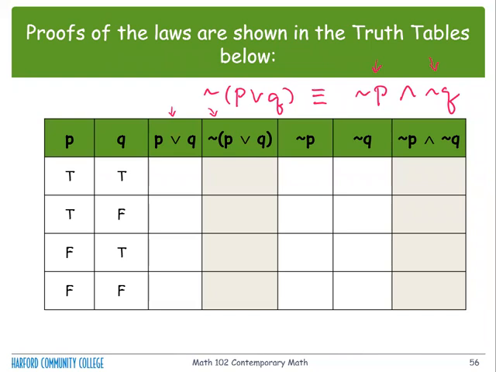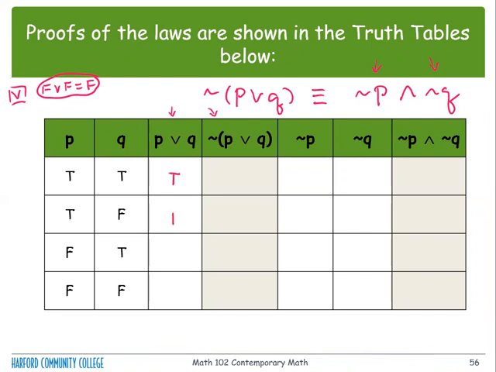So for the left compound statement, the statement P or Q, we recall the or: only the case false or false will return the false result. For the statements P and Q, by default we have the four combinations: true true, true false, false true, and false false. True or true returns true.